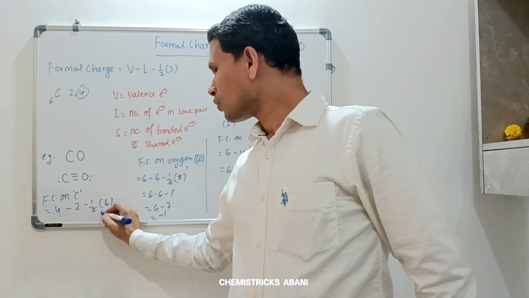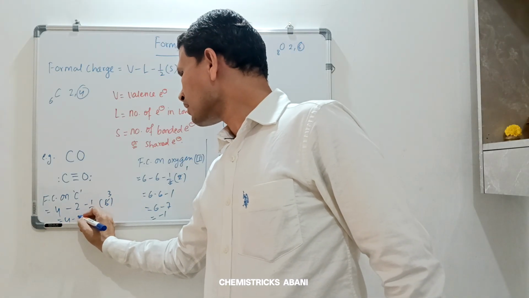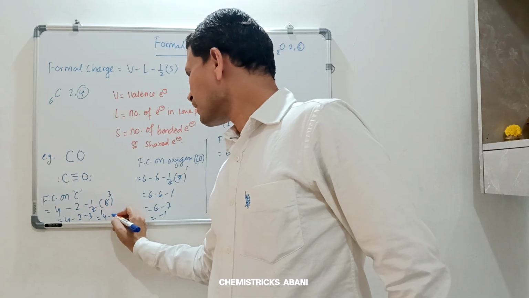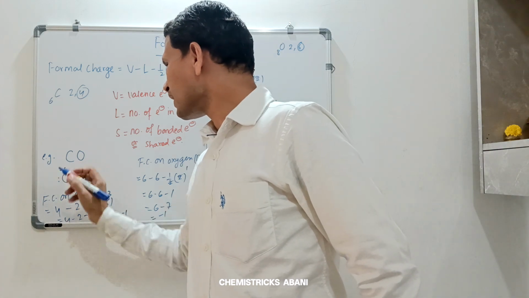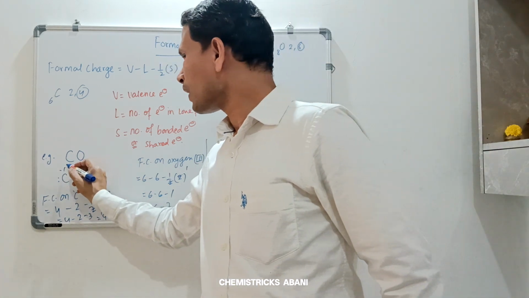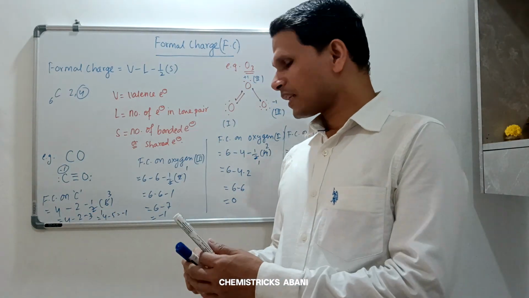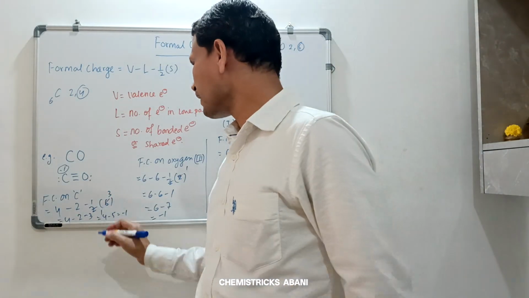So half of 6 is 3, and it becomes 4 minus 2 minus 3, that is 4 minus 5, which is minus 1. So the formal charge is minus 1 in case of carbon of carbon monoxide. Similarly, I can find the formal charge for oxygen.